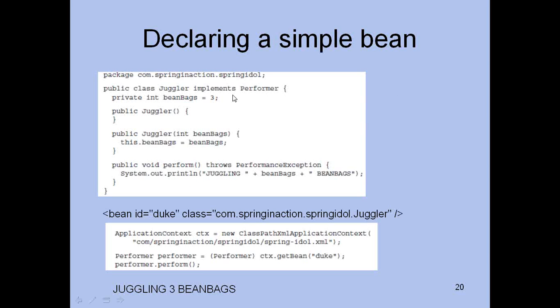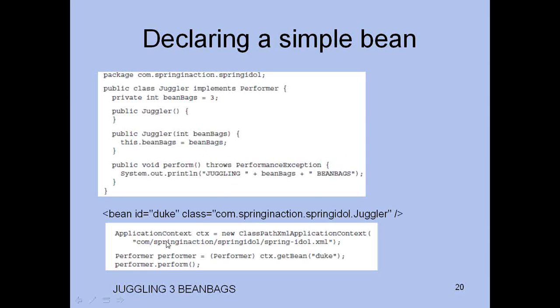So we want to define this juggler bean inside the configuration file. The way to do that is bean ID equal to, give any name that you like, and mention the full class path of the class, com.springinaction.springidol.Juggler. Now here we are not injecting any value for the bean bags.